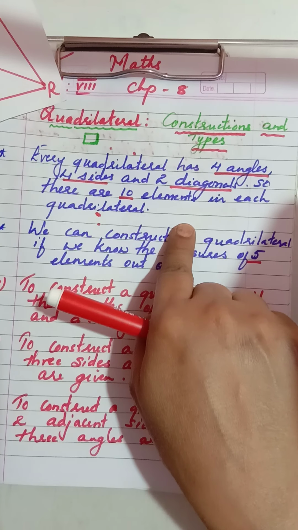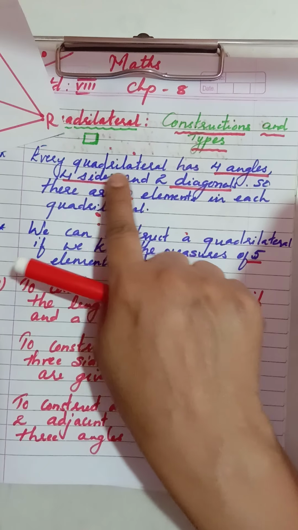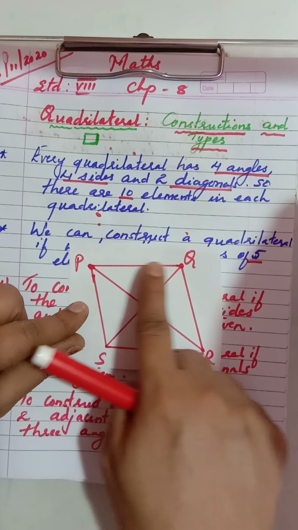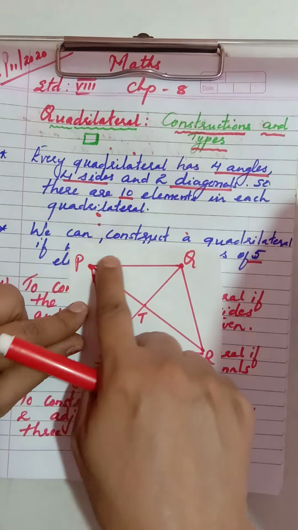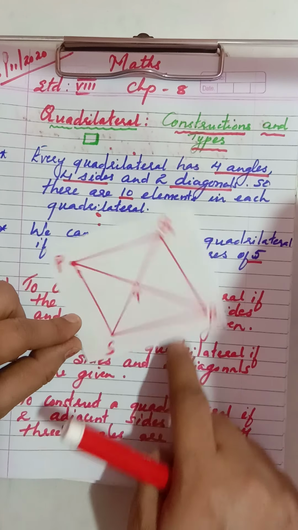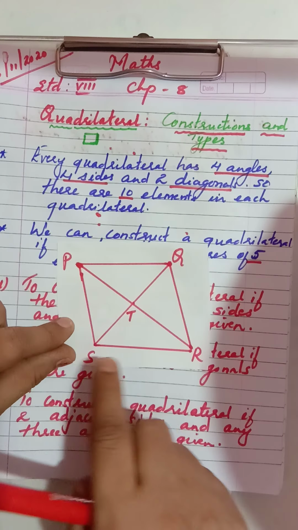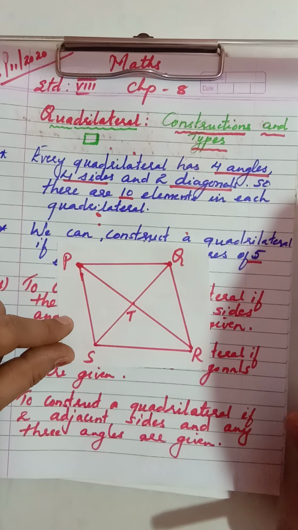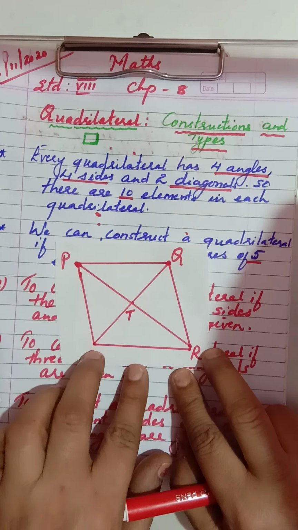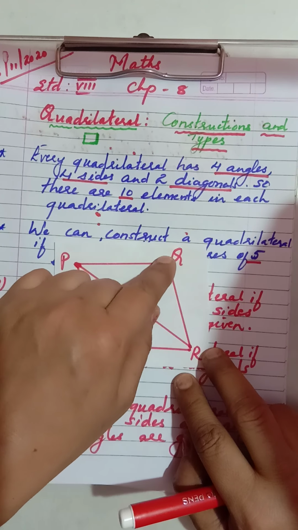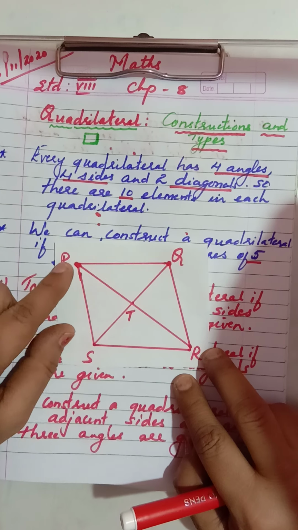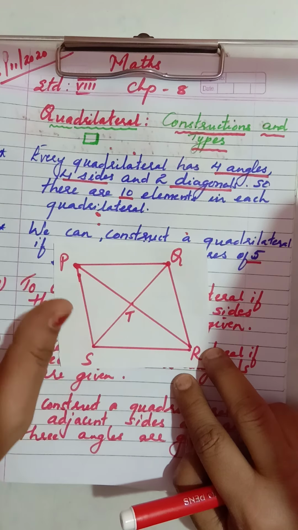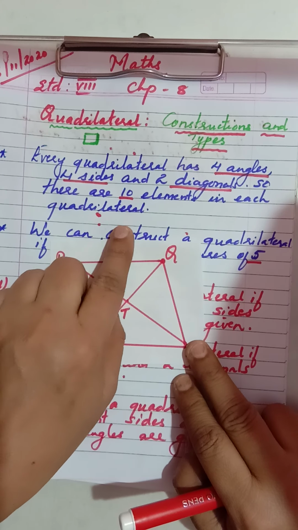See here, angle P, angle Q, angle R, angle S, so four angles; four sides, side PS, side SR, side RQ, you can say QR also, there is no issue, and side PQ; and two diagonals. So total 10 elements in a quadrilateral.